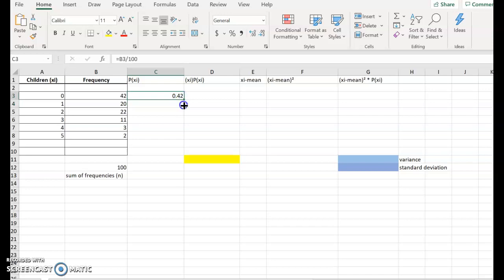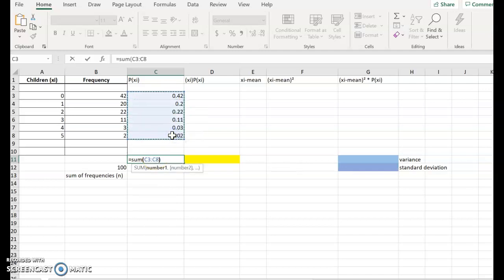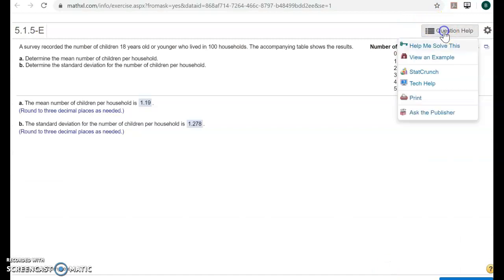So I can pull this down and it will get my probabilities. If I sum them up, they should equal 1. And they do.